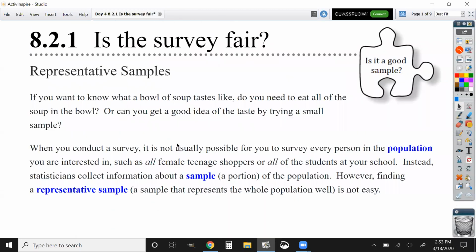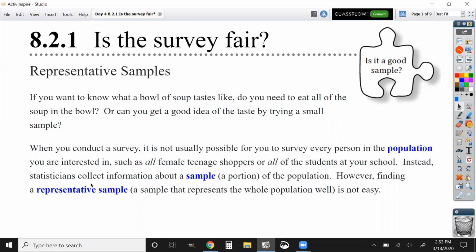If you want to know what a bowl of soup tastes like, do you need to eat all the soup in the bowl? Or can you get a good idea of the taste by trying a small sample? When you conduct a survey, it is not usually possible to survey every person in the population you're interested in, such as all female teenage shoppers or all of the students at your school.